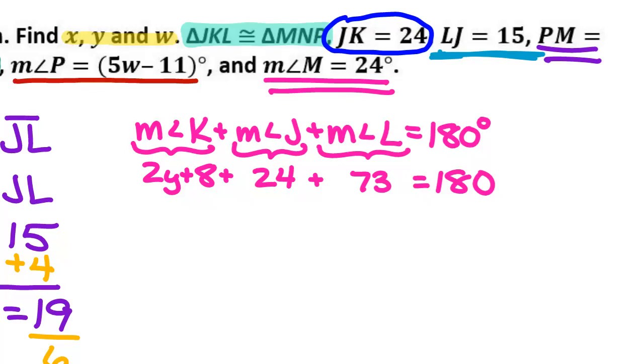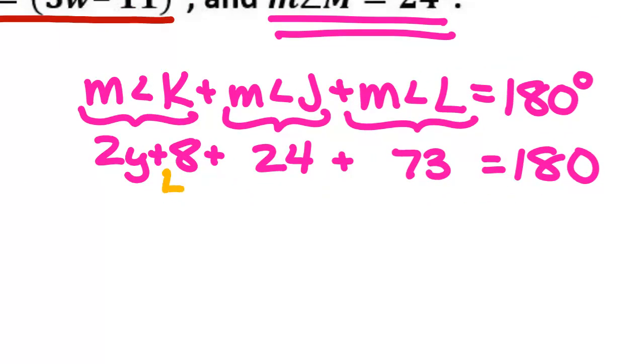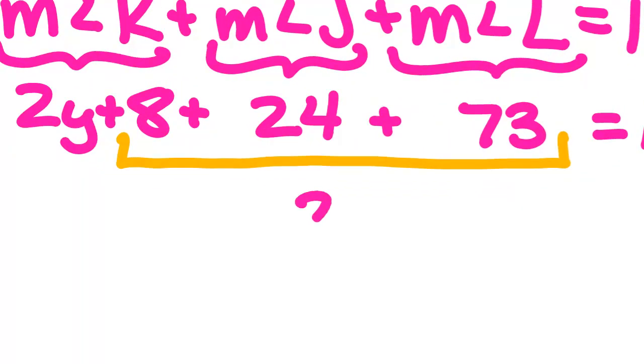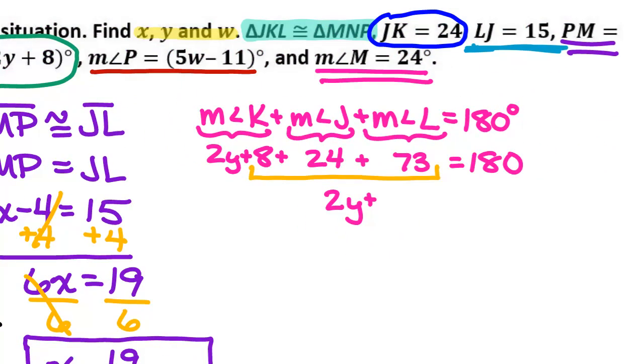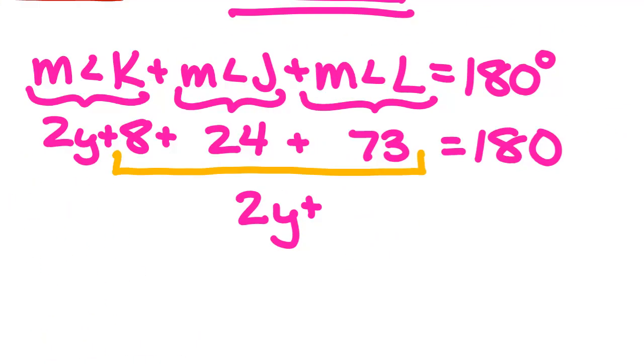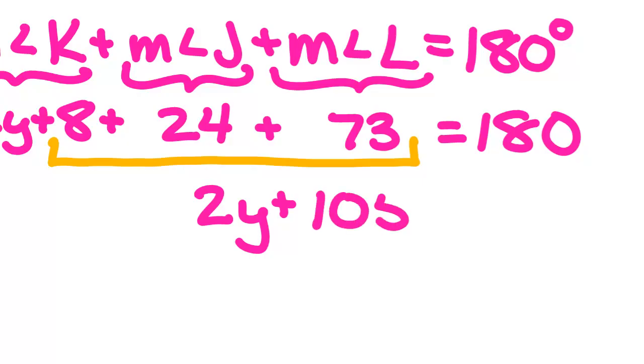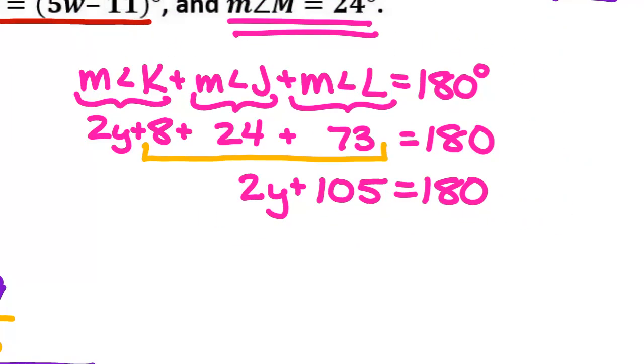And then we're going to combine our like terms of 8, 24, and 73 together. What is 8 plus 24 plus 73? 105. So 2y plus 105 equals 180. I'm going to subtract 105 from both sides.